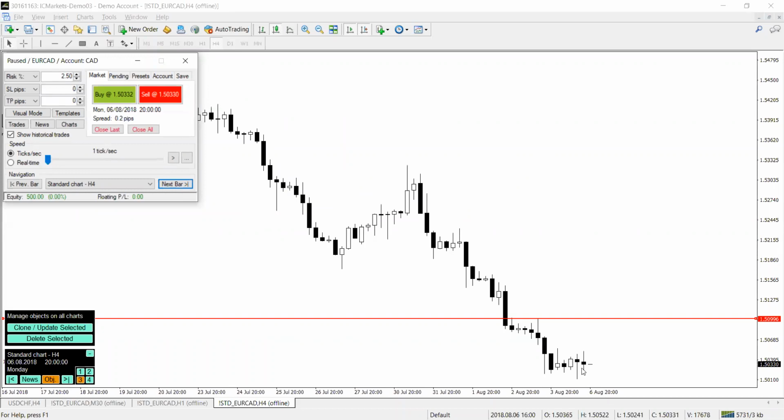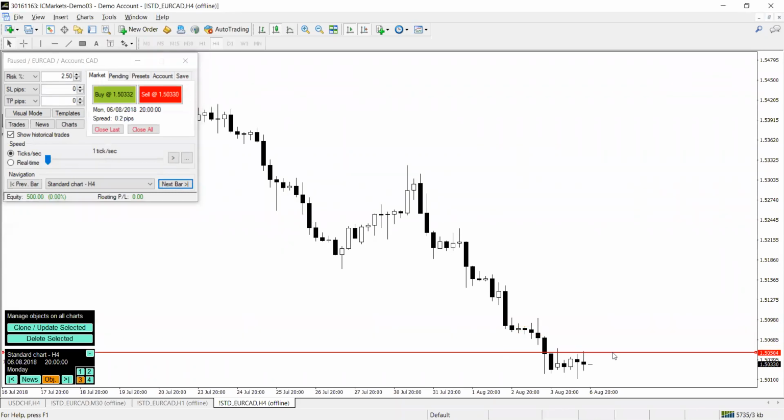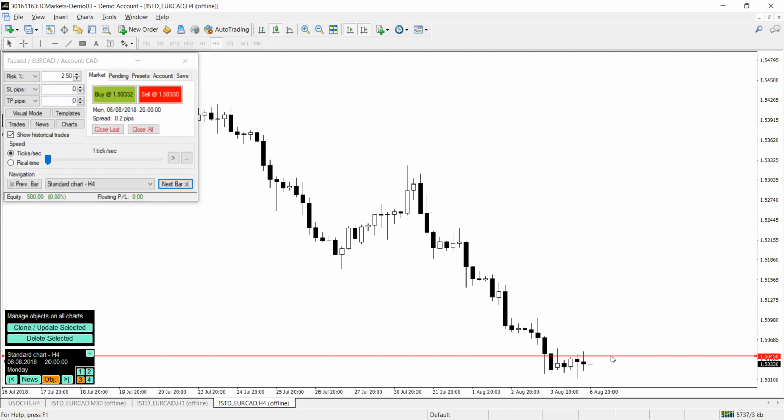Now I see here this is like a new lower high. Okay, look at the structure. Remember, when we're looking for these lower high formations, we want to see the market folding over before we look to continue taking sales.